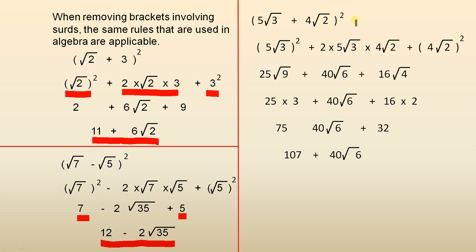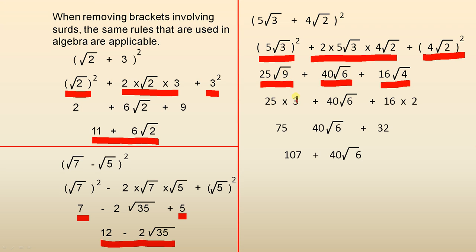5 root 3 plus 4 root 2 all squared. There's the first squared. There's the second squared. And that's twice their product. So that's 25 by the square root of 9 for the first squared. That's 16 root 4 for the second squared. And that's 40 root 6. That's twice their product.